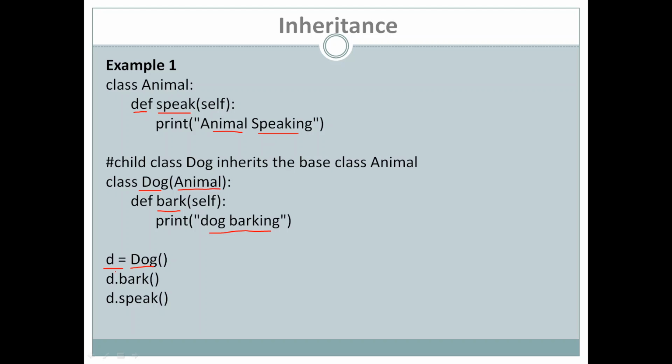So by using the object of the dog class, we can access both the methods. d.bark will access the method present in the dog class, and when we say d.speak, it will access the method from the animal class, and this is possible only because dog is inheriting animal. Okay, so this is how one class can inherit the properties of another class in Python.